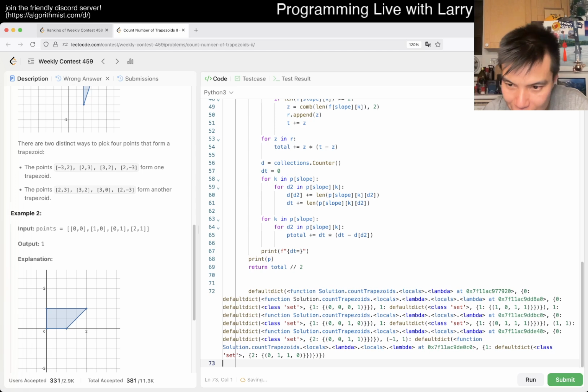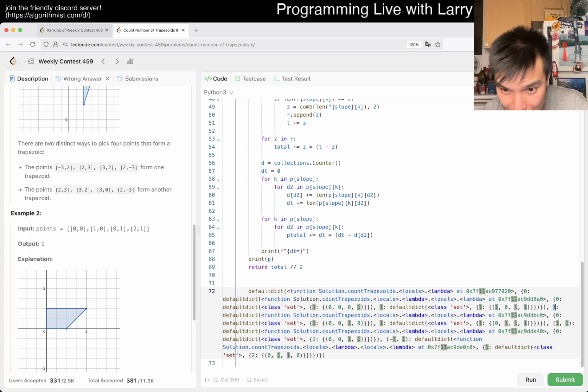Okay, this is actually surprisingly easier to read. Okay, so 0, 0, 0, 1, 0, 1. It is still not easy to read, because everything is zeros and ones.